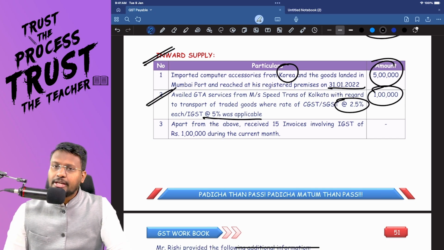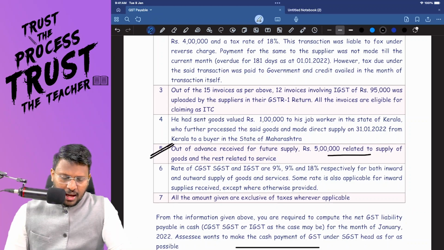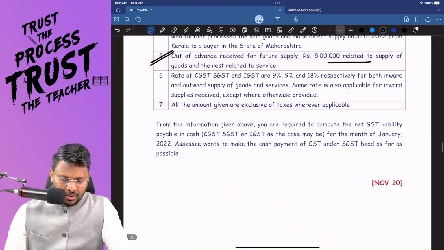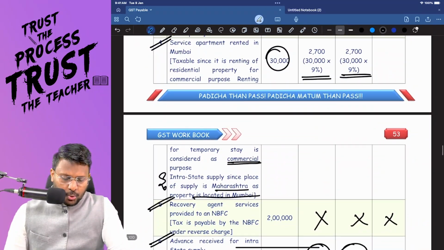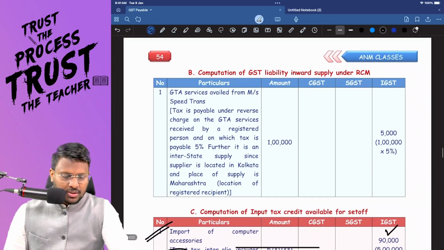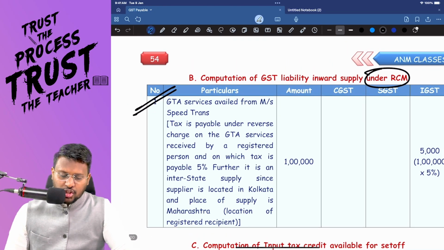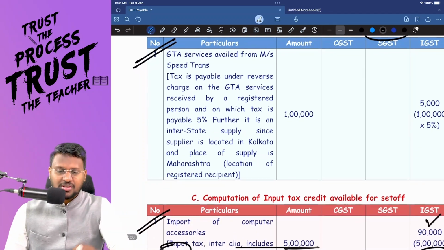Also 5%. So my dear lovable students, I'm moving into the GTA adjustment. You tell me, for GTA, we are supposed to pay tax under what mechanism? RCM. GTA service availed from Mrs. Speed Trans. Tax is payable under what charge? Reverse charge. On the GTA services received by what person?